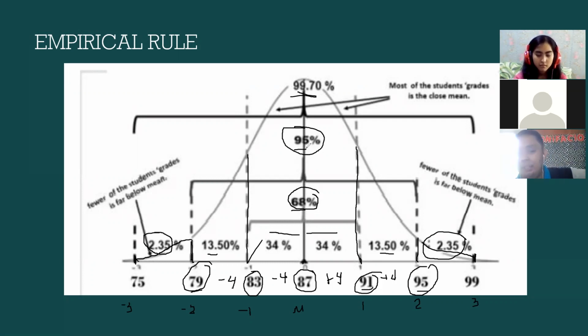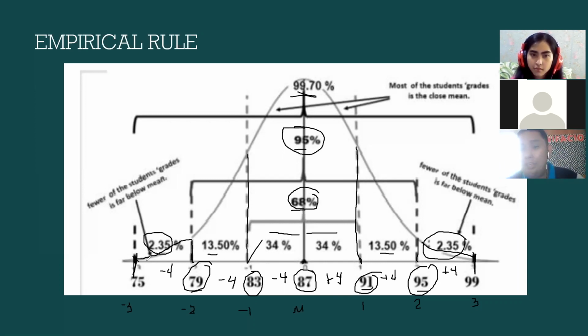Okay? Ngayon, palakin pa natin. Nagbawas ulit tayo ng 4, naging 75. At nagdagdag tayo ng 4, which is 99. So, ang range natin ngayon ay 75 to 99. Gaano kalayo ang 75 to 99? So, kung ang pinag-uusapan naman natin, ilan sa klase mo ang may grade na 75 to 99?